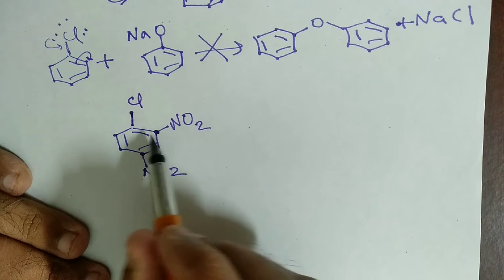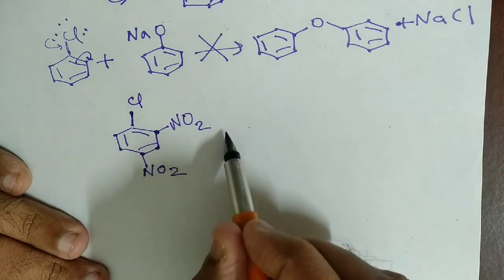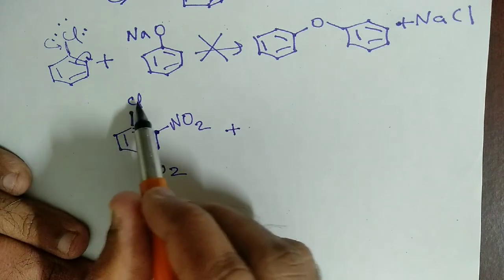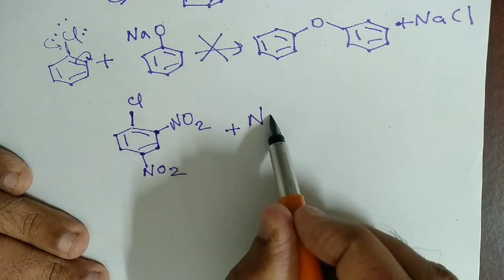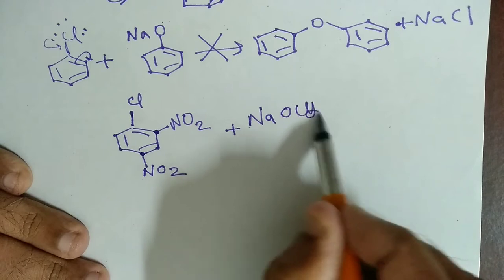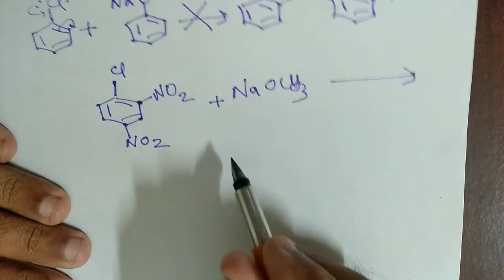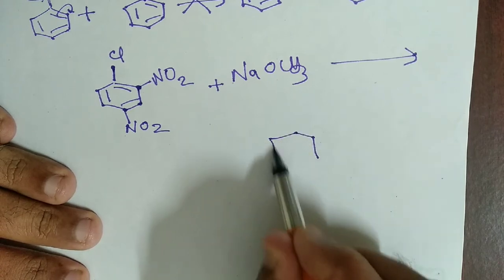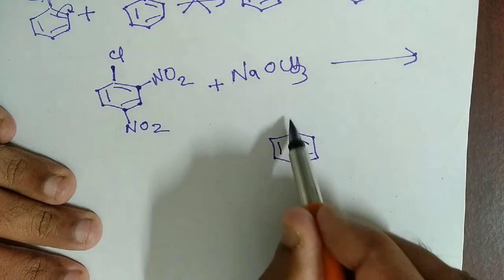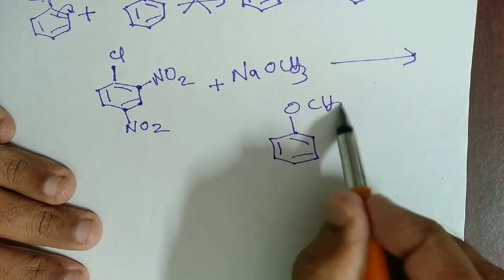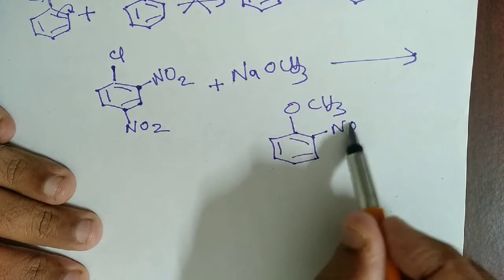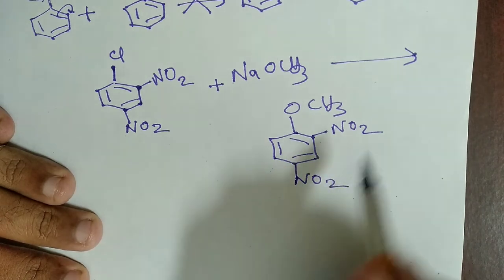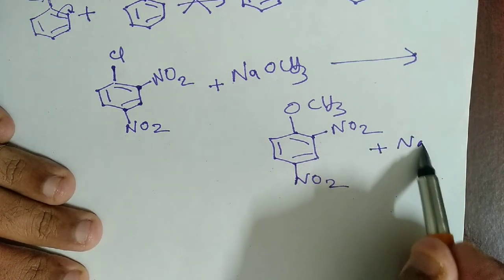For example, 2,4-dinitrochlorobenzene or 2,4-dinitrofluorobenzene reacts with sodium methoxide to form an ether. (2,4-dinitro)anisole is obtained.